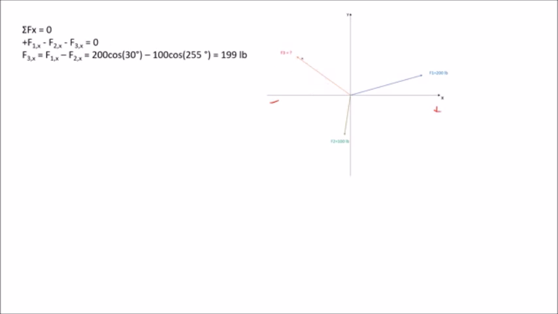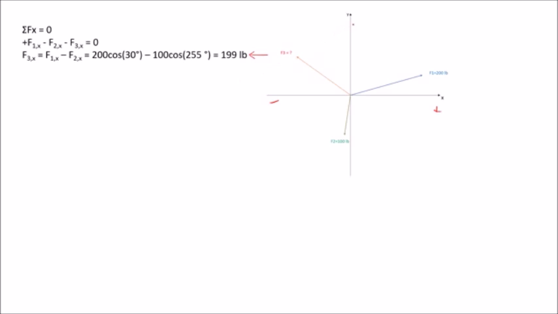And so F2, remember this component is acting to the left, so we say that's negative, and F3 we guess is also negative. So if we add F3 to this side, we actually have F1 minus F2. We plug in those values and we get that our horizontal component is equal to 199 pounds. Right, and this is a positive value, so we were correct in saying that this is to the left.